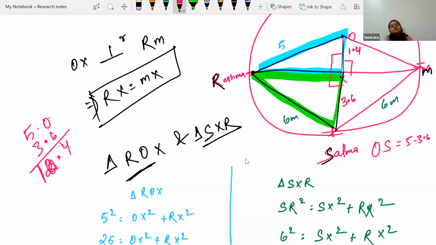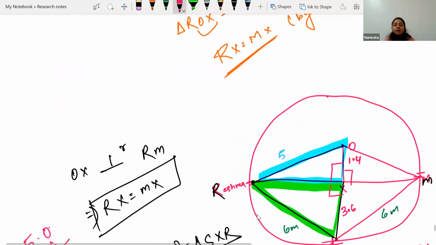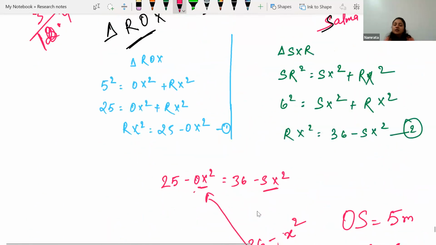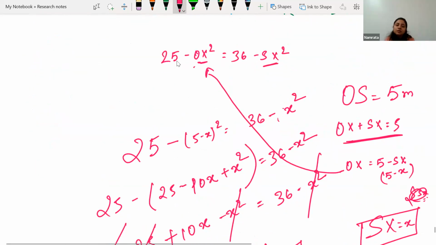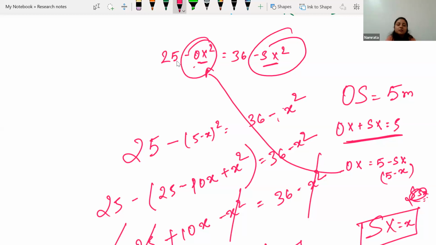Are you getting how we got this 1.4? Yes or no? We have just taken the sky triangle and green triangle, and we have applied the Pythagoras theorem. We are solving it. Meanwhile, we saw that two different variables were there. In a single equation, OX square came, SX square came. Then we realized we have one relation, and the relation is this one.